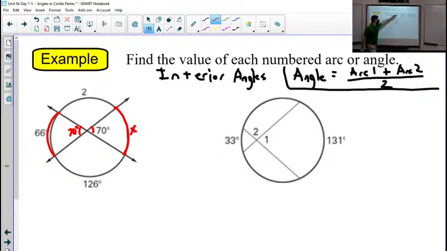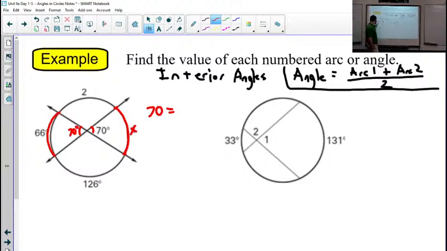Careful here. Our angle is 70 degrees. So the angle, which is 70, goes on the left side. Equals, I want to add my arcs and divide by 2.